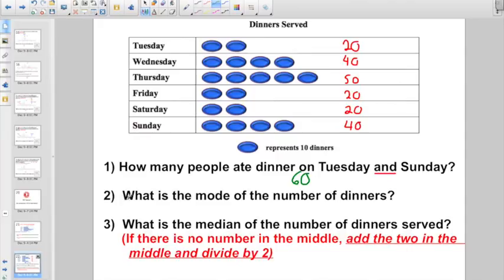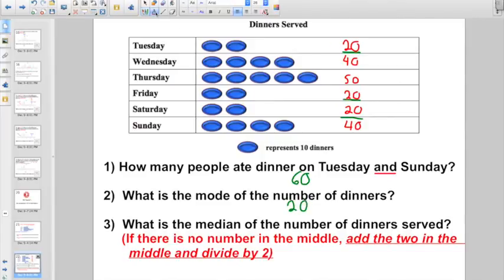Take a look at question number 2. What is the mode of the number of dinners? Well, the mode is the number that occurs most often. If I have the numbers written down, it's pretty easy to spot that my mode has got to be 20, right? That's the number that's showing up most often.